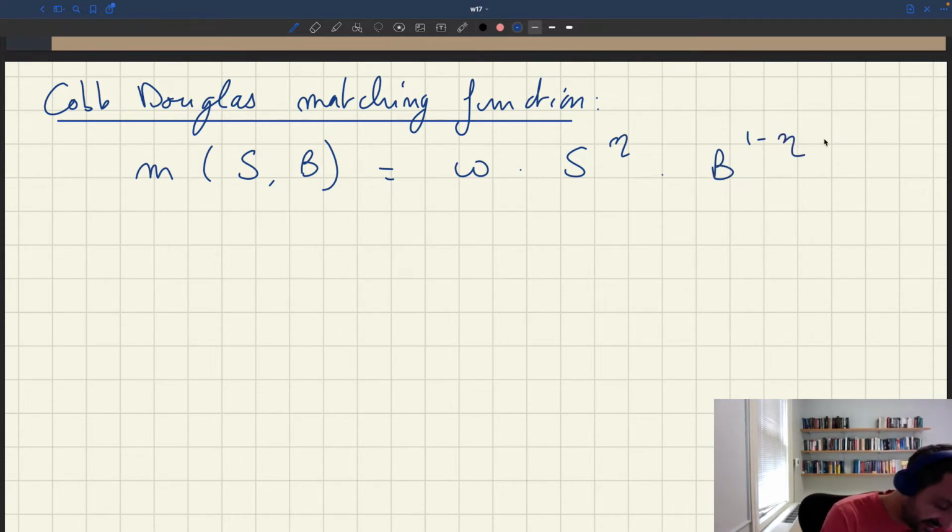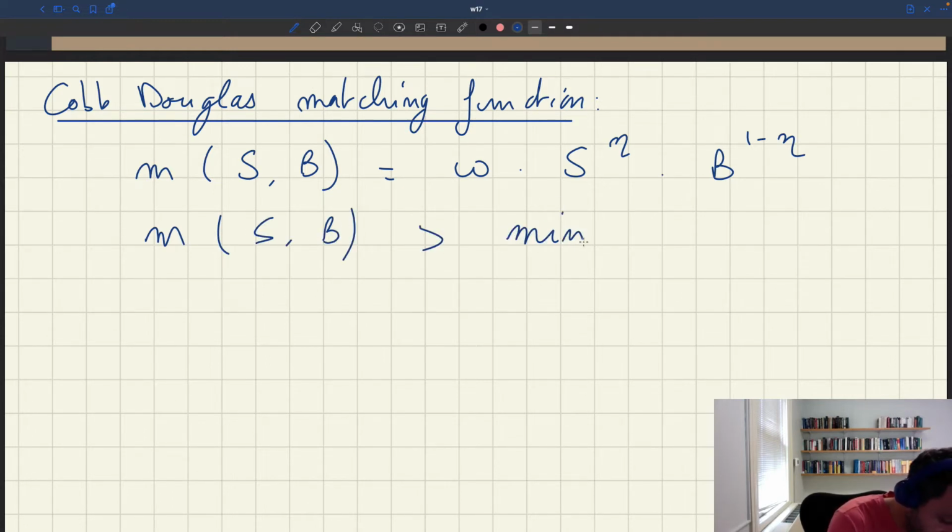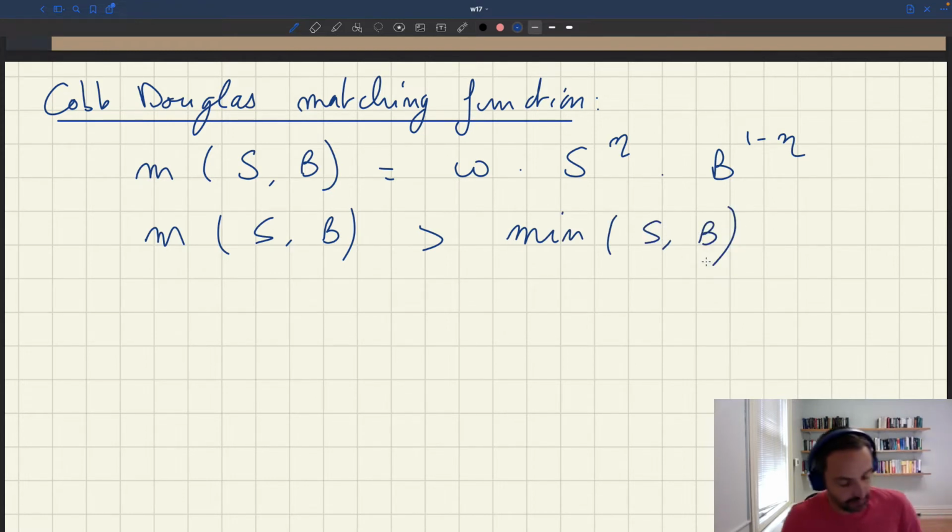Now, here you can see that if S or B are large enough, then the matching function can be strictly greater than the minimum of S and B. If you fix B, at some point, if S becomes large enough, of course, you'll have more matches than the minimum of S and B. And similarly, if you fix S, as B gets big enough, you have no guarantee that the number of matches is less than the minimum of S and B, which is a requirement.